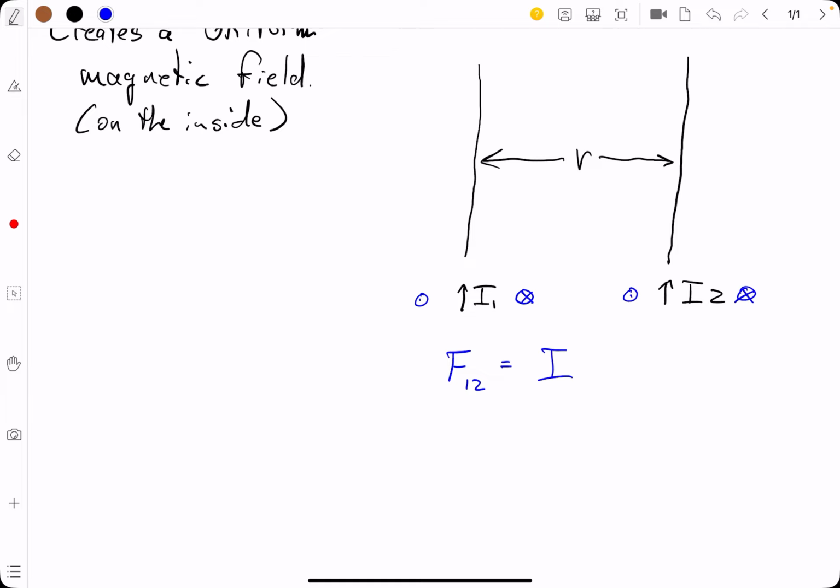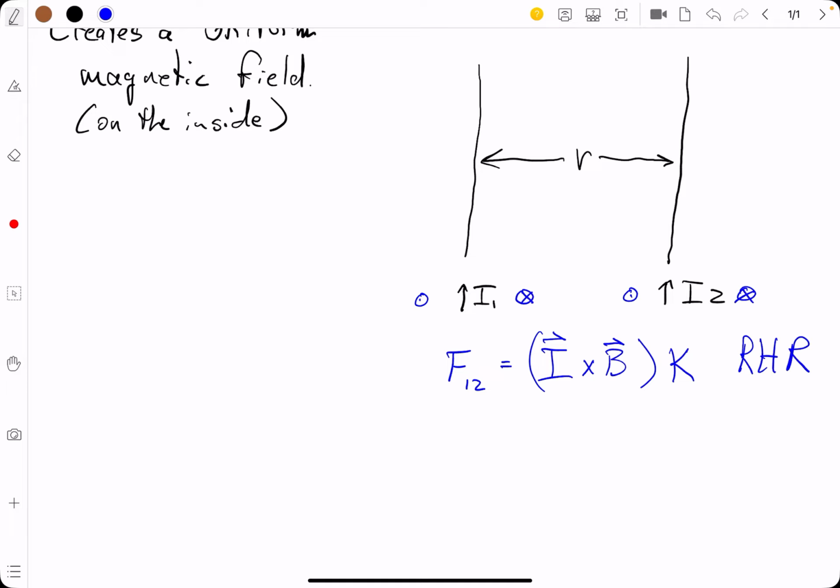I'm just going to say I cross B, and then worry about the rest of the constants later. I'll say all times some K. Don't get confused by this K. All I really want to do is the right-hand rule and figure out where we're going.